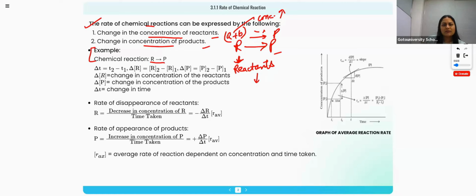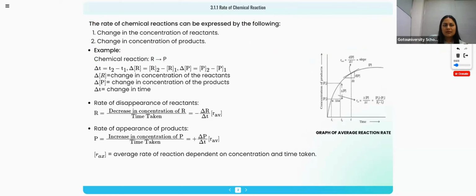Why? Because product is forming. So at the initial stage, the reactants concentration is high, where product has zero concentration. As the reaction takes place, the reactants concentration will decrease, and product concentration will increase.